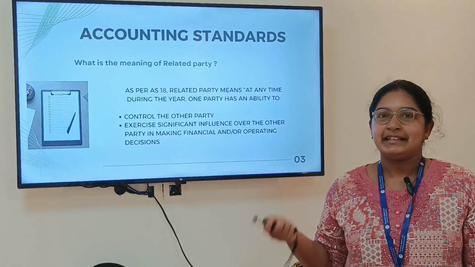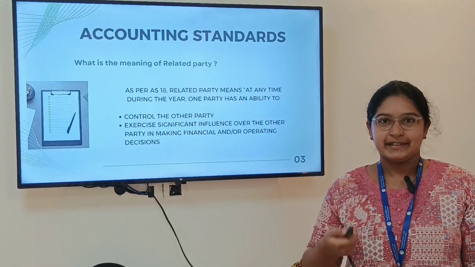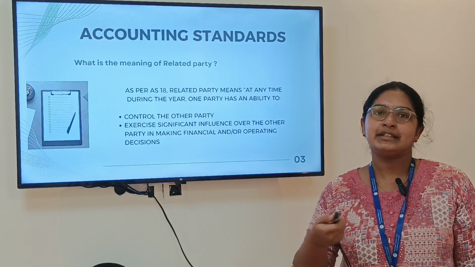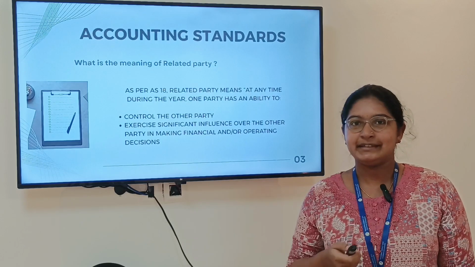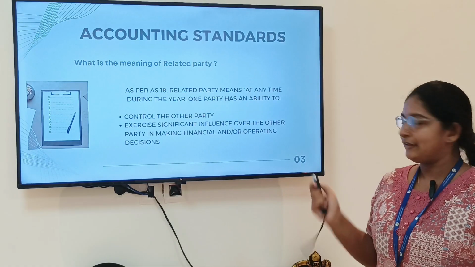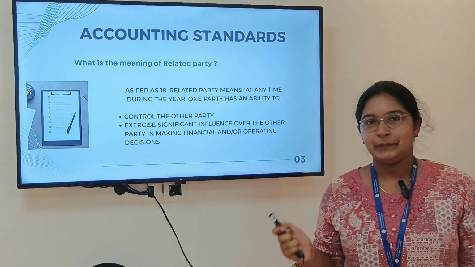Let's see Accounting Standard 18, which describes the definitions, what disclosures are required, and what transactions are involved as related party transactions. First, see the definition part. Who are the related parties?